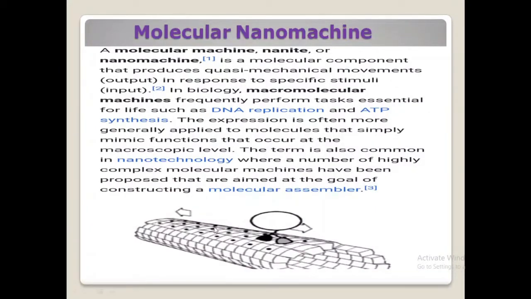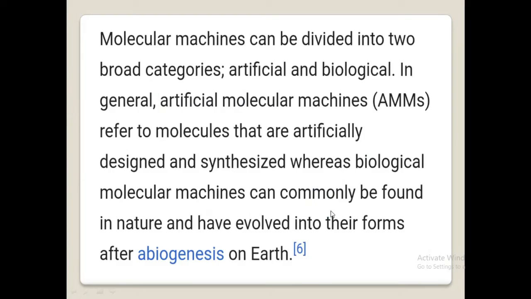Here you see a molecular nanomachine assembled from small molecular units. This rod is made up of tubulin, alpha and beta tubulin, and this is the gamma subunit. That is a microtubular protein which will be moving around, giving a molecular movement. This is an example of a molecular nanomachine present inside the living cell.